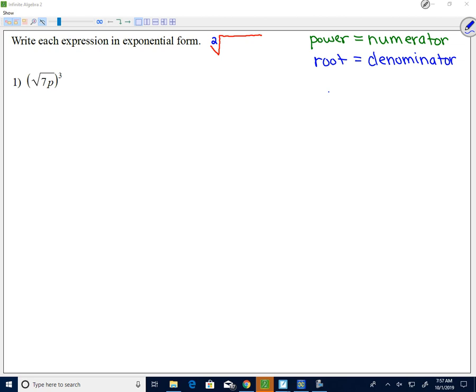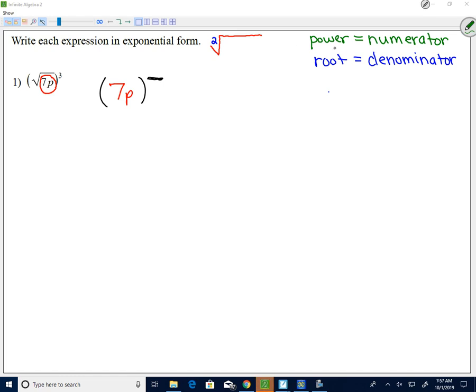So let's look at this example. Well, I know I'm going to need something in parentheses, and I know I'm going to have a fraction for the exponent. So I've just got to decide what goes where. Whatever is underneath your root is what goes in parentheses. So 7p is under your root, so 7p goes in your parentheses.